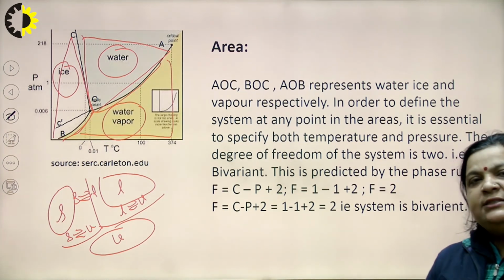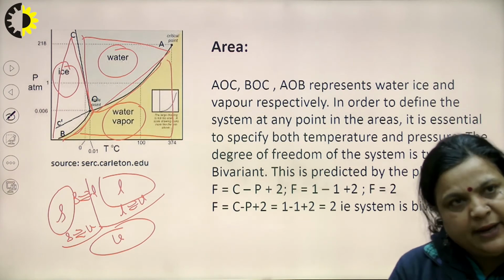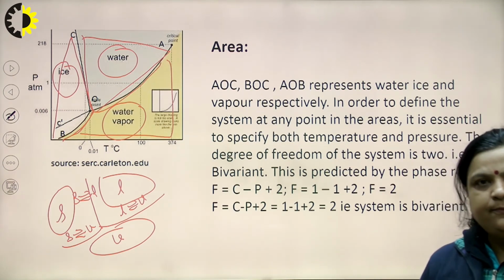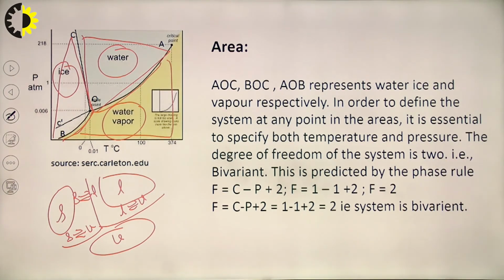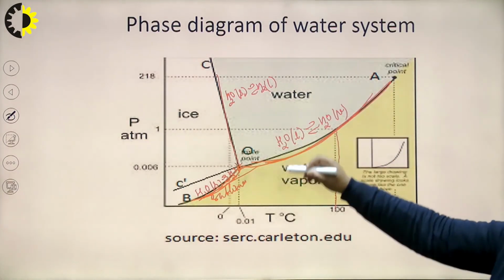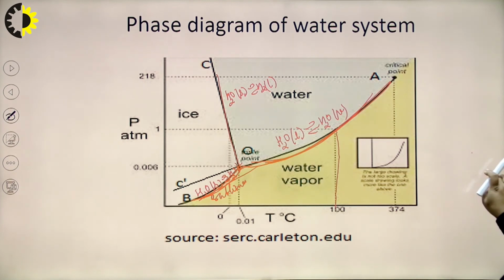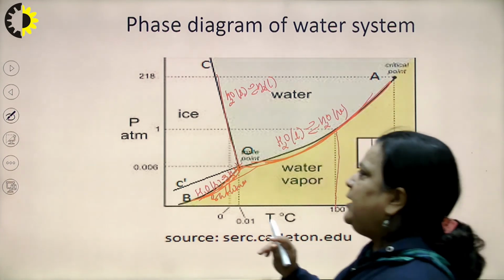F being 2 means we have to define the temperature as well as pressure. So, the system is bivariant. So, this is the combined phase diagram.